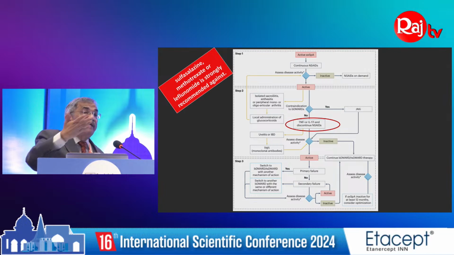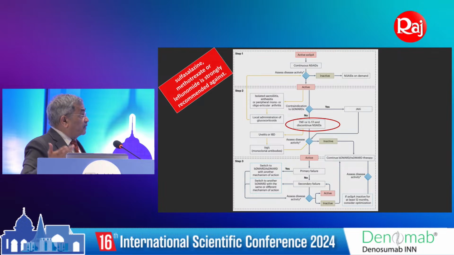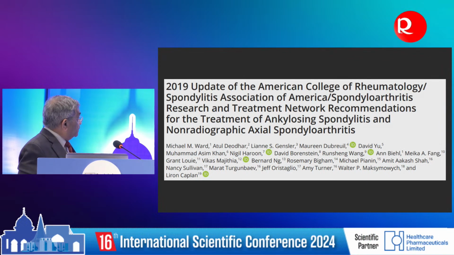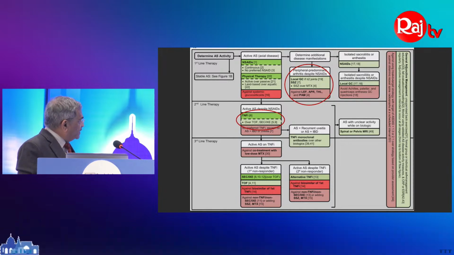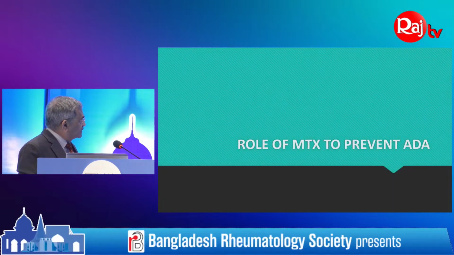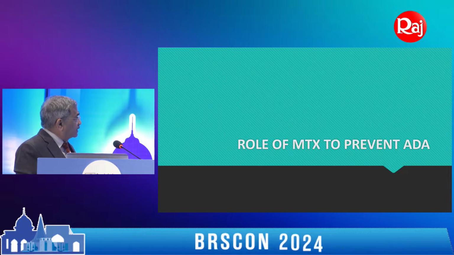So don't even think about it, because most guidelines have been worked out on evidence, and the same is here also. Ultimately the same story in all the guidelines. I think these are the last 3 slides.